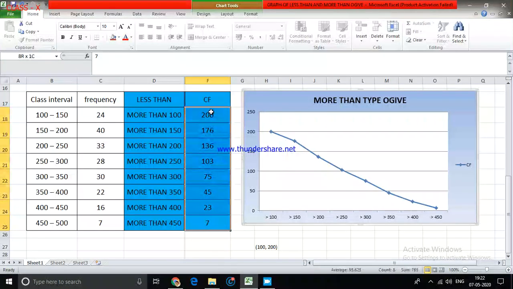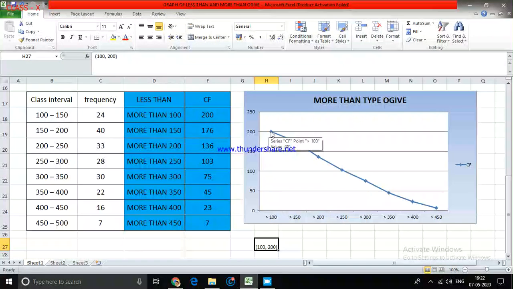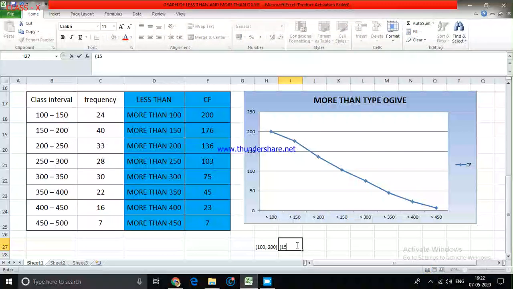Okay, now for 100, the point is 100, 200. So here it is 100 point, and the corresponding point is 100 comma 200 here. What is your next point? 150 comma 176. 150 comma 176 is the second point, and the third point is 200 comma 136.